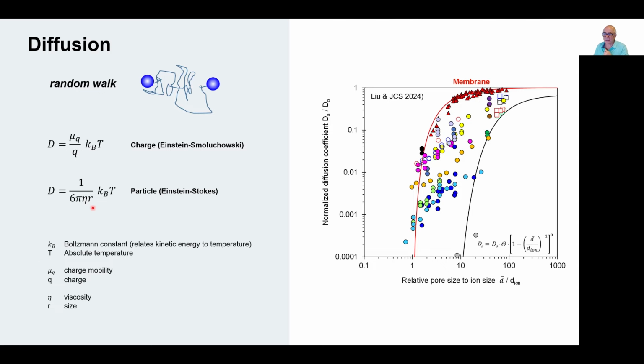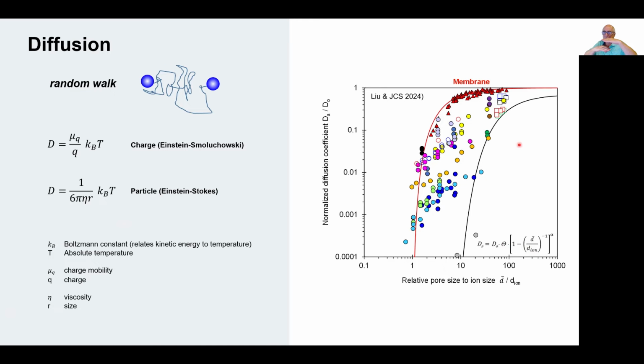So tortuosity comes into the picture, decreasing the macro diffusion coefficient in the liquid. But then there is something else that happens, that as the soil particles get smaller, the voids get smaller. And when the void gets smaller, the random walk now is affected by the presence of the wall.